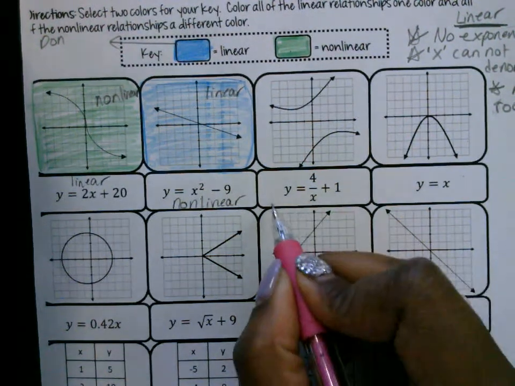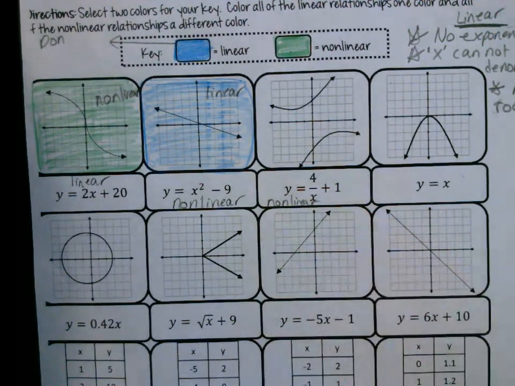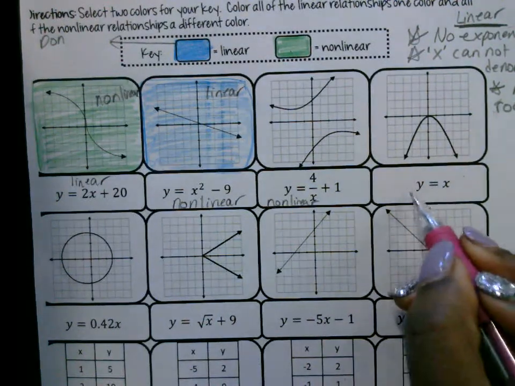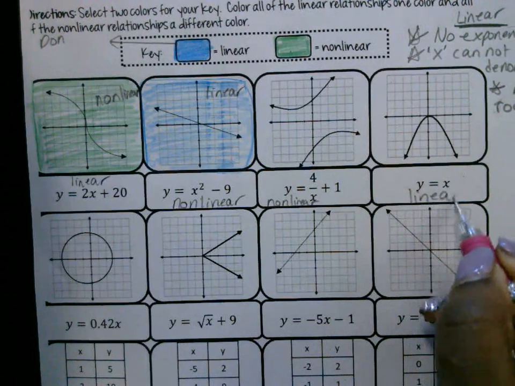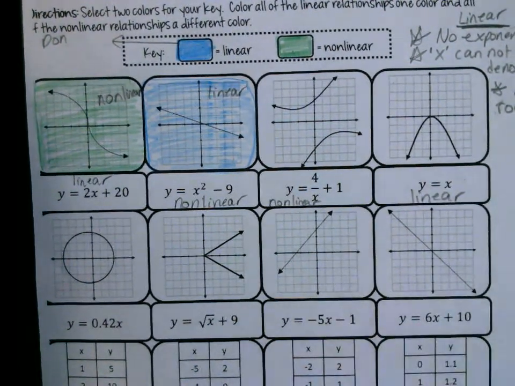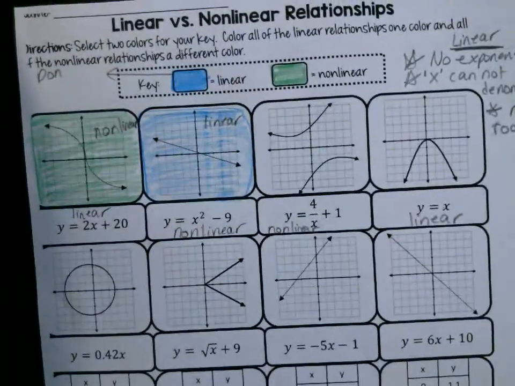X is the denominator. Let's look at this equation. This is linear. Okay, so you should be able to do the others on your own. I'm going to give you a couple minutes, and then I'm going to come back and review how to do the tables. You pause for the calls.